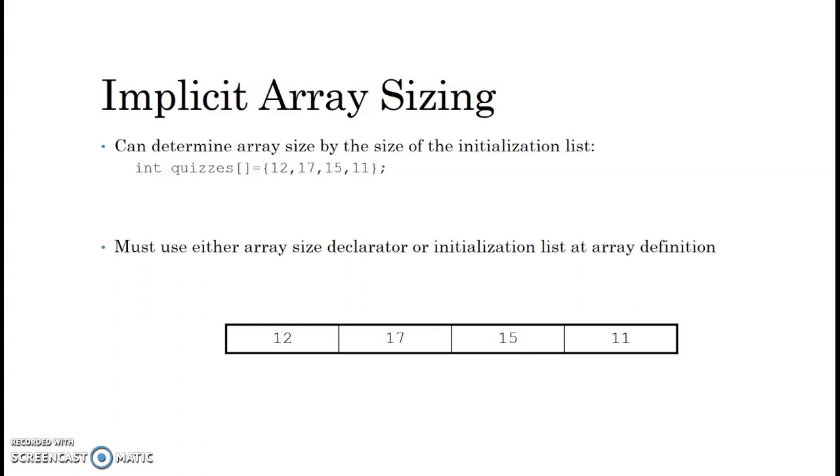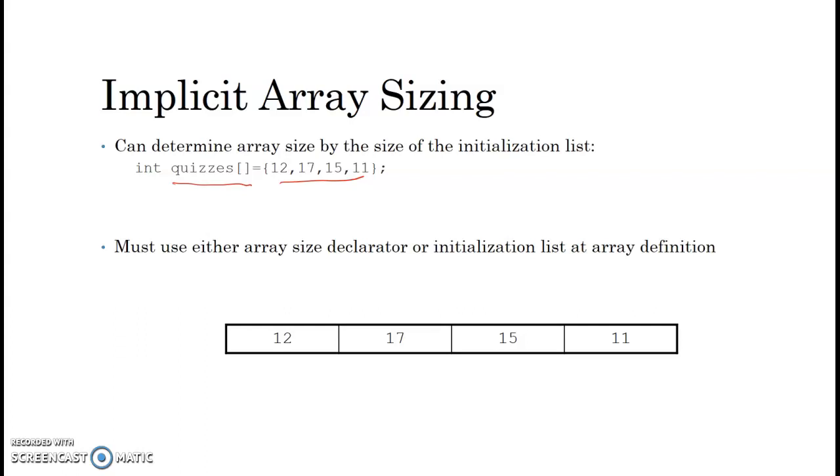Now, implicit array sizing allows me to give it a declaration list without giving it a size, but it will set the size based on how many elements are in the initialization list. So we can see that we've declared the array quizzes. I did not give it a size in the brackets, but I have 4 elements in my set.